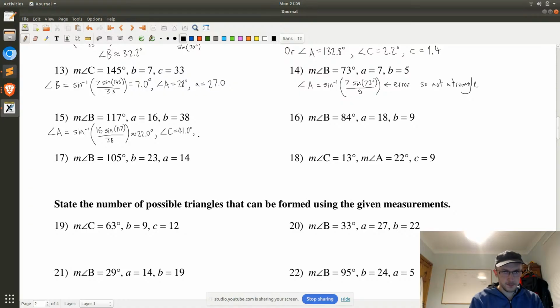Then what? Then we want side C. So side C over the sine of that angle there, so 38.